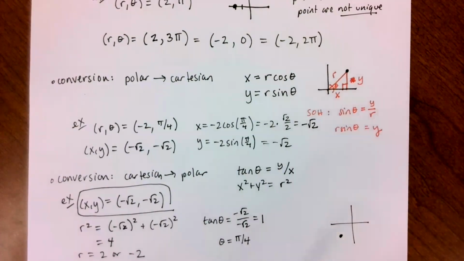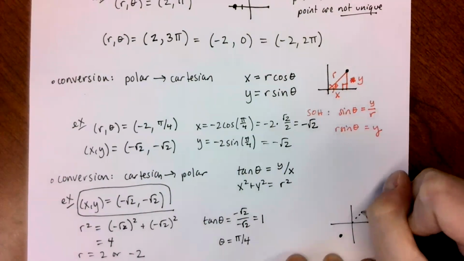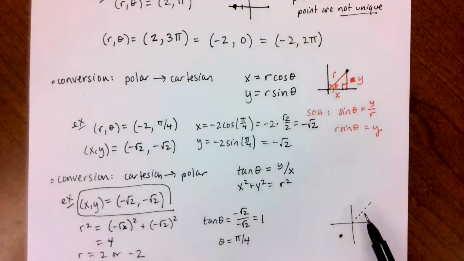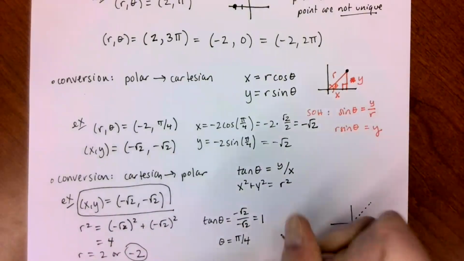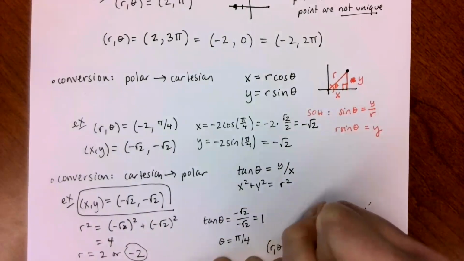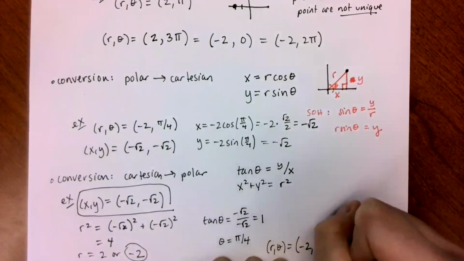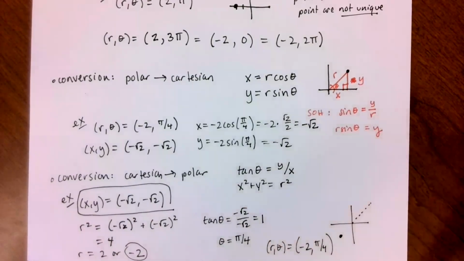So if my angle is pi over 4, I'm going to pick a radius of negative 2 that gets me in the correct direction. Instead, I could have picked an angle of 5 pi over 4 and then have a positive 2 radius, because then I would be heading in the right direction. Okay, so the way I have it, my r theta would be negative 2 comma pi over 4, which is in fact exactly how that point showed up the first time.